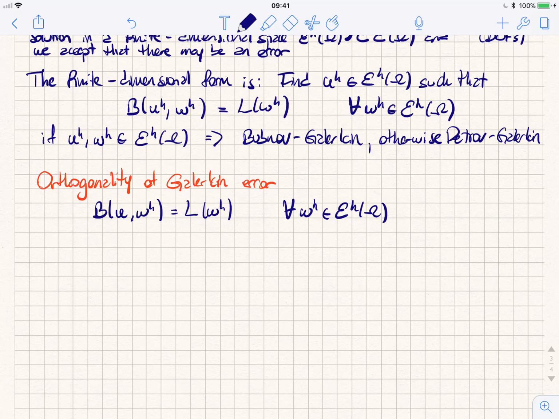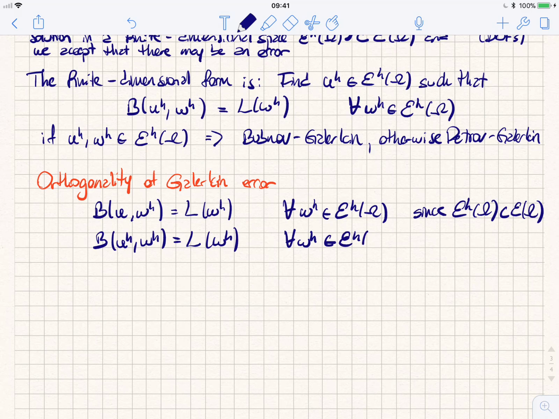I'm going to put here, just for completeness, since E^h is a subset of that energy space. And if you remember the finite dimensional expression that we just wrote, this is also true. And so if you take the second equation and subtract it from the first one, what you get is B. Let's put a sign here.